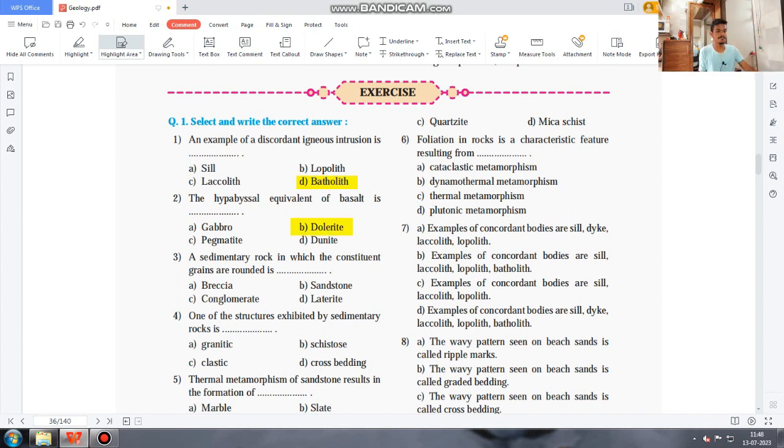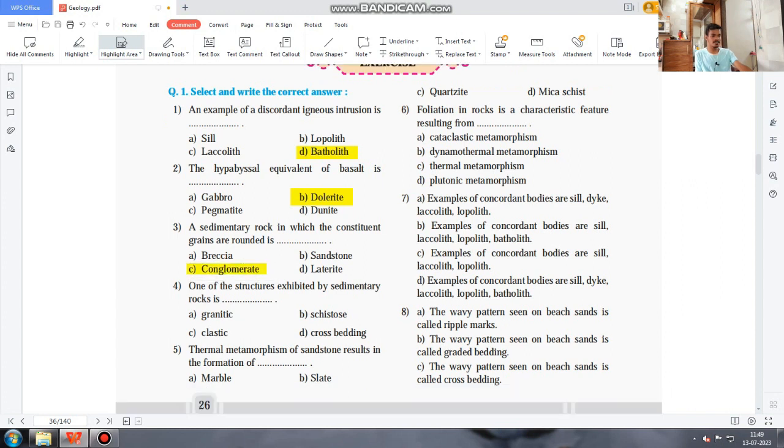The sedimentary rock in which constituent grains are rounded is conglomerate. One of the structures exhibited by sedimentary rock is cross bedding.